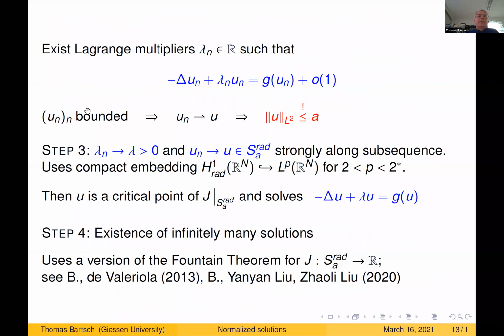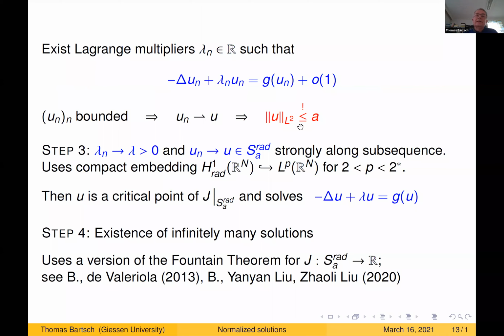Okay, so being a Palais-Smale sequence for J means, first of all, there exist some Lagrange multipliers, so that this equation, minus Laplacian U plus lambda U equals G of U, is almost satisfied by Un. Un is bounded, so you get a weak limit.